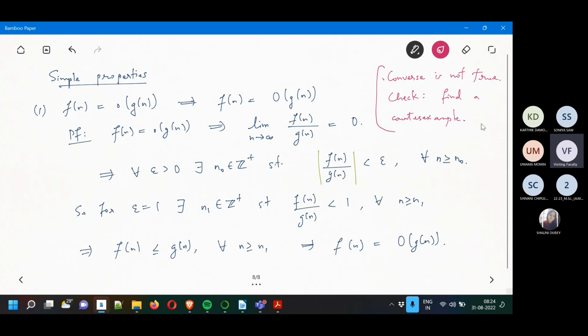So what does it mean? You have to find a function f and a function g such that f n is big O g n, but f n is not little o g n. All right, we have already seen such examples. Just go back to the previous slides later and find a suitable counterexample. So converse is not true.